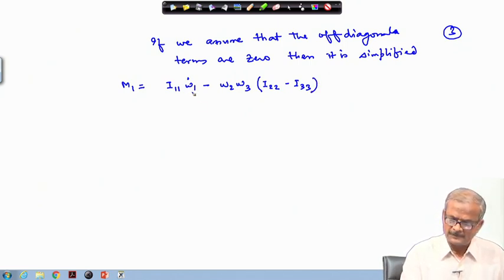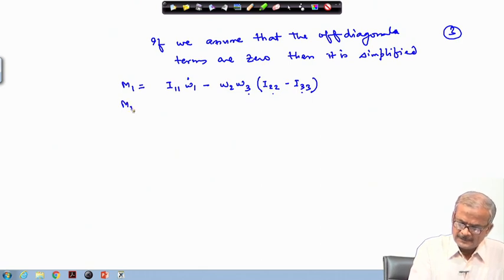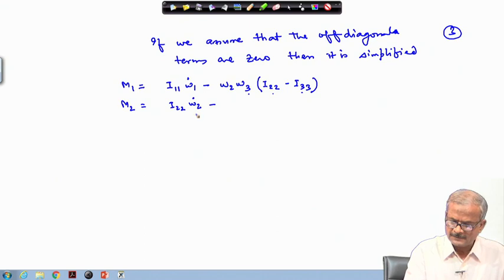See here, first we are writing m 1. So, this is the first term, and the second term, the 2 and 3, is coming, and similarly here the second and third is coming, and there is a minus sign here in this place. Similarly, you will have m 2 equal to I 2 2 times omega 2 dot minus, now this is 2, so here this will get as omega 3 and then omega 1, so 2, then 3, then 1.